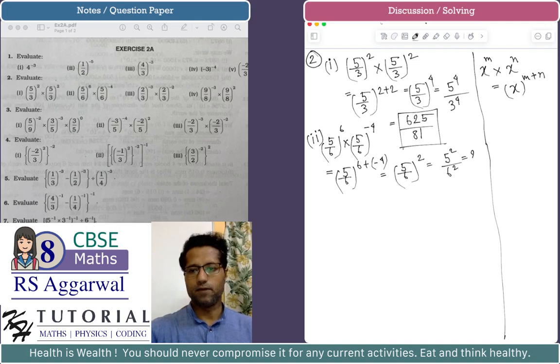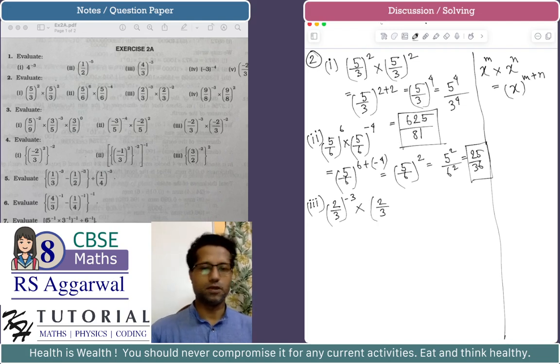This is 25 by 36. Let's do part 3. This is 2 by 3 raised to the power minus 3 multiplied by, so in this problem these are products of two exponents where the bases are same, minus 2.